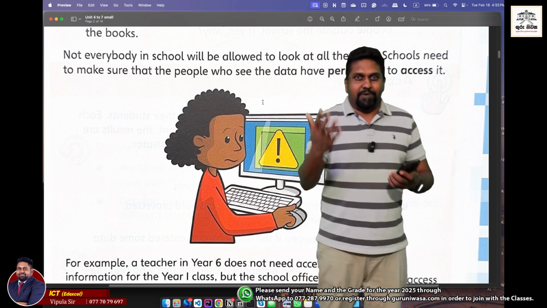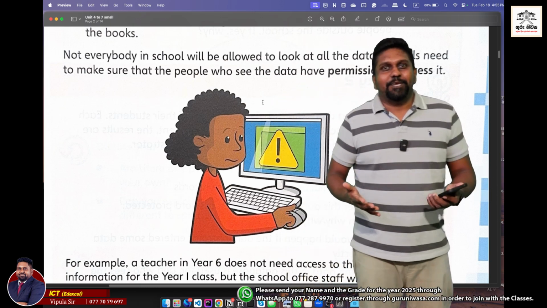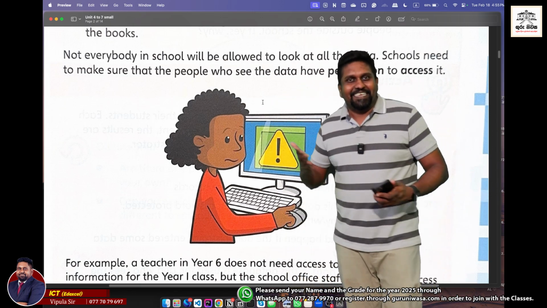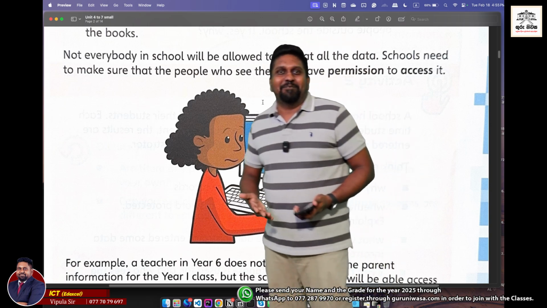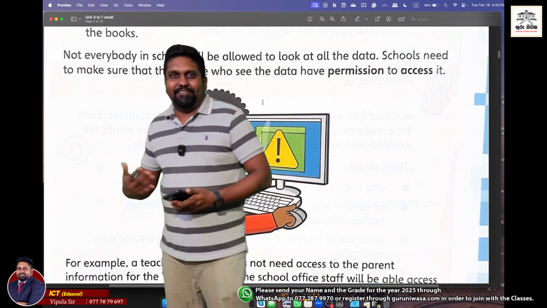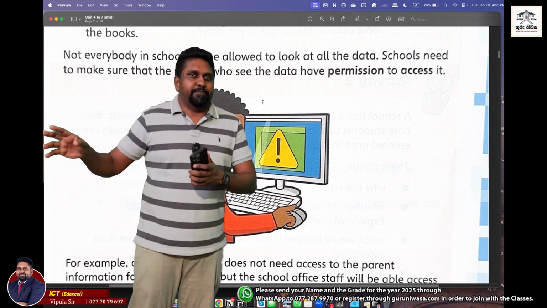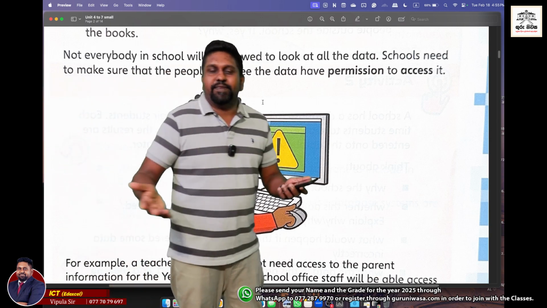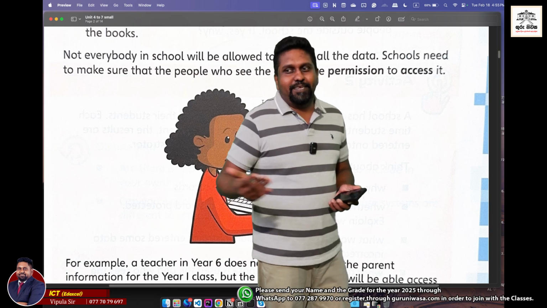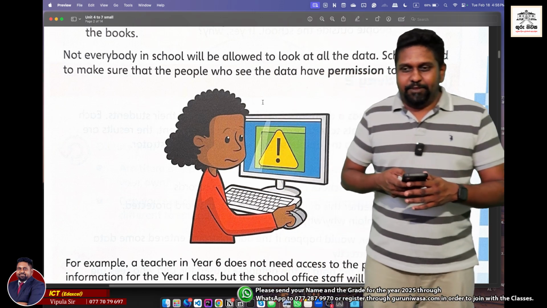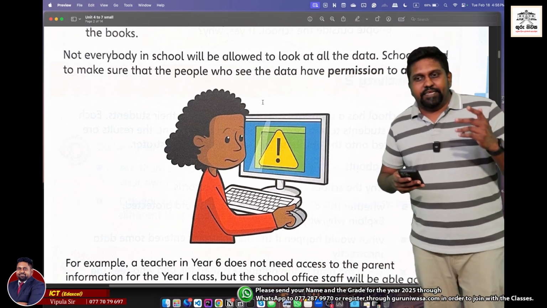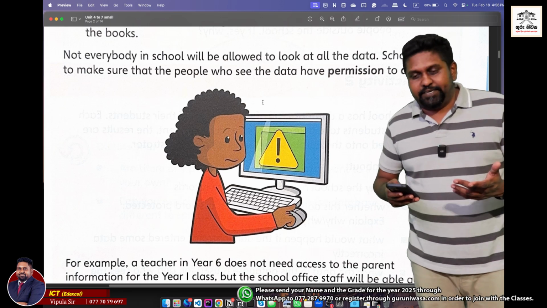And why? Mainly to make sure that they can keep you at the school, right? So that information is required, and the principal and the school management will obviously need to know it, but others do not, right?